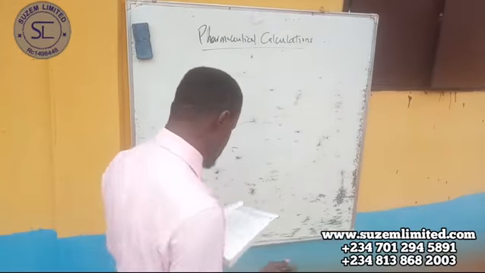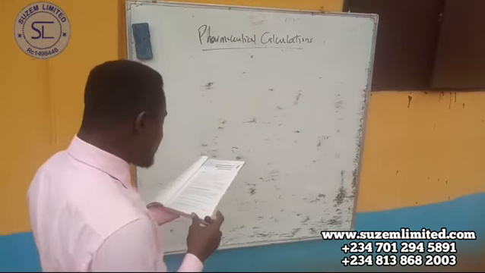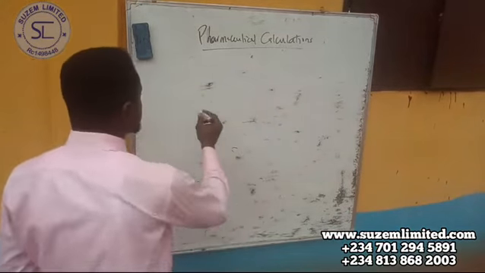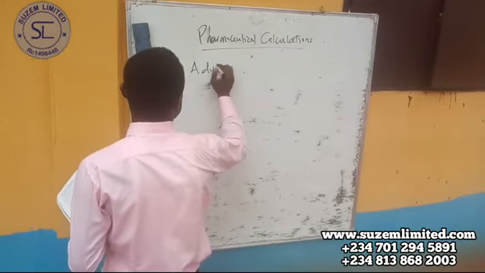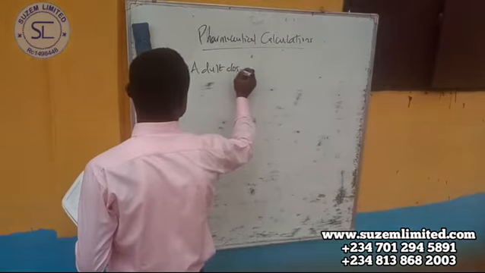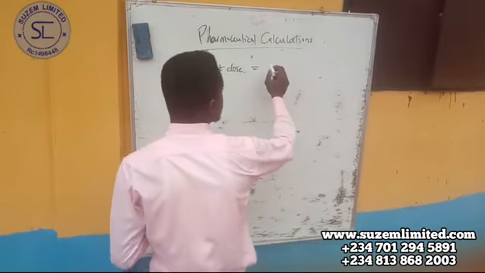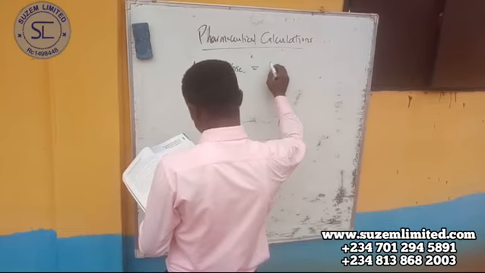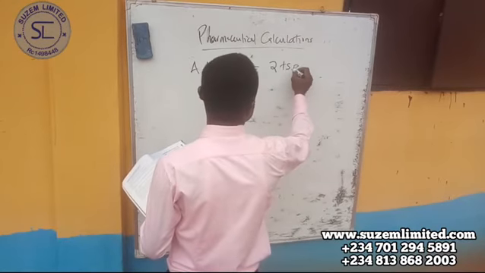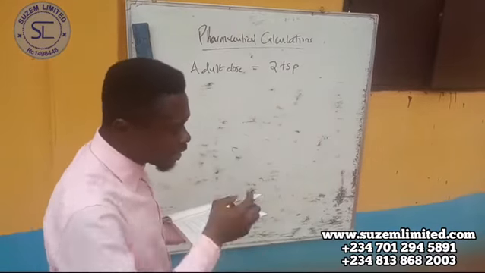Adult dose. Now let's go. We are told that the adult dose of the medication, they didn't mention the medication, is 2 teaspoonful.